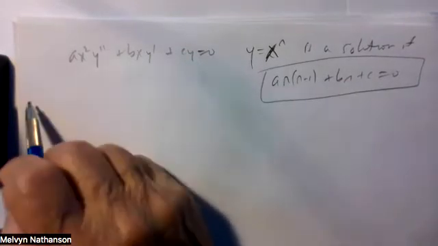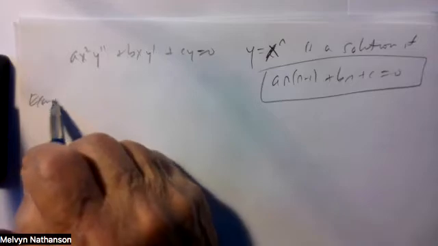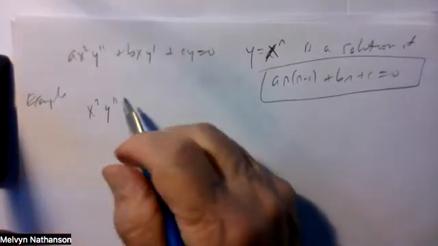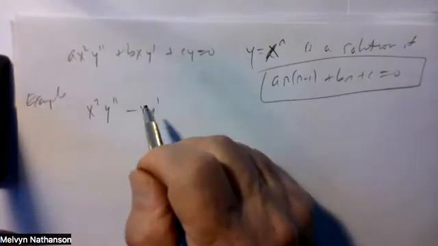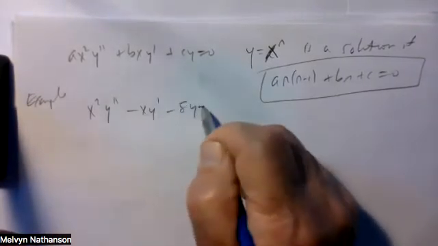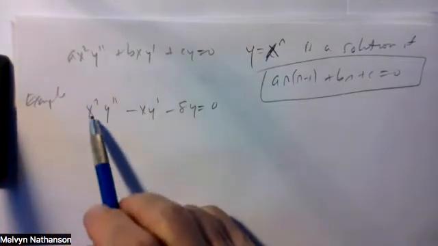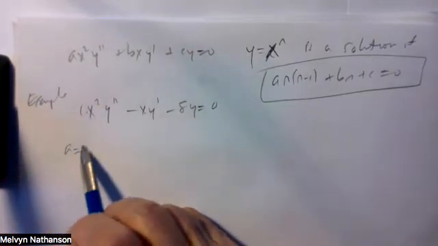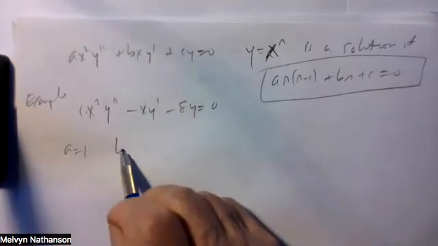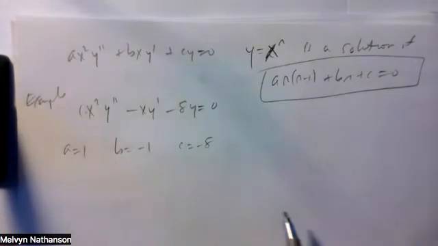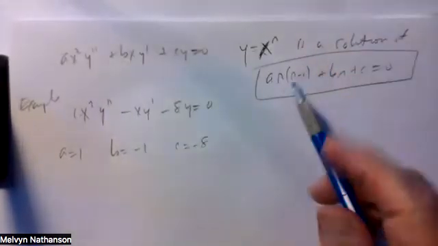So here's an example. x squared y double prime minus x y prime minus 8y equals 0. So in this case, a is equal to 1, b is minus 1, c is minus 8. So what does this equation say?